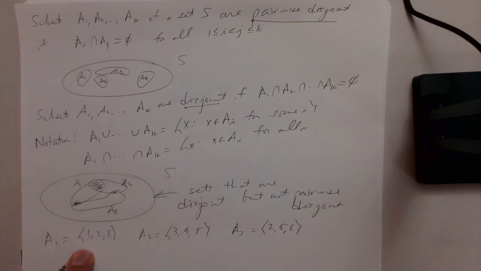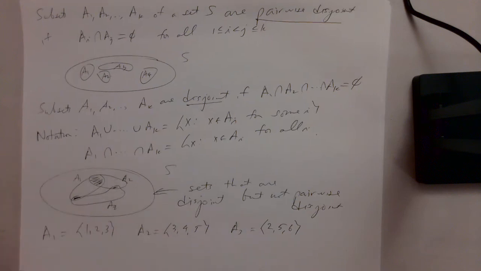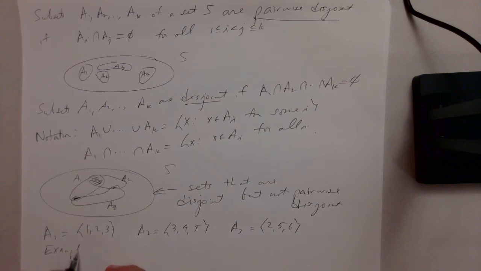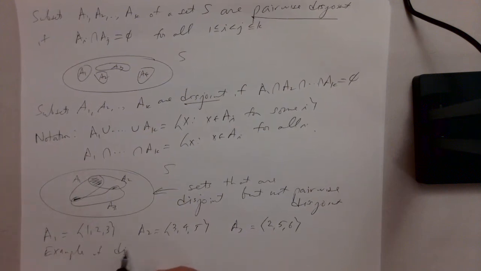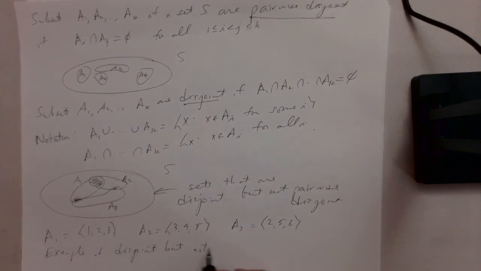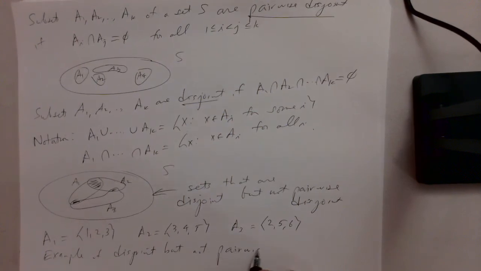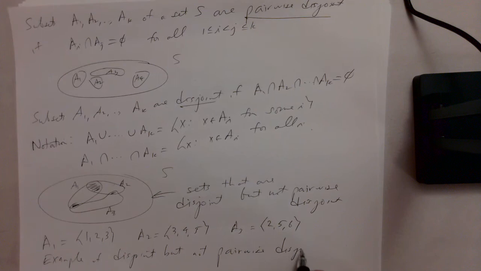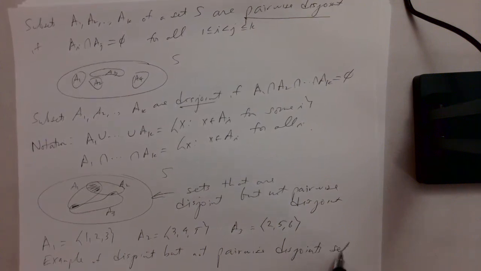Sorry, 1 is in the first set, but not the others. 2 is in these sets, but not this one. 3 is in these two, but not these. 4 is just here. 5 is in these two. 6 is just here. These sets are disjoint, but they are not pairwise disjoint. So this is an example of disjoint, but not pairwise disjoint sets.